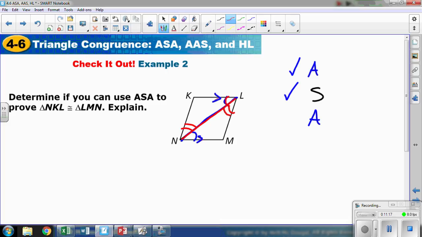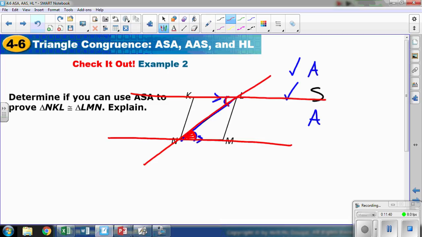No, we don't. And this is where you've got to be careful, because a lot of times students will look at this picture and say, well, yeah, those are alternate interior angles. Keep in mind, when we are considering parallel, we've got our whole parallels, we've got our whole transversal, and we've got alternate interior angles for those two.